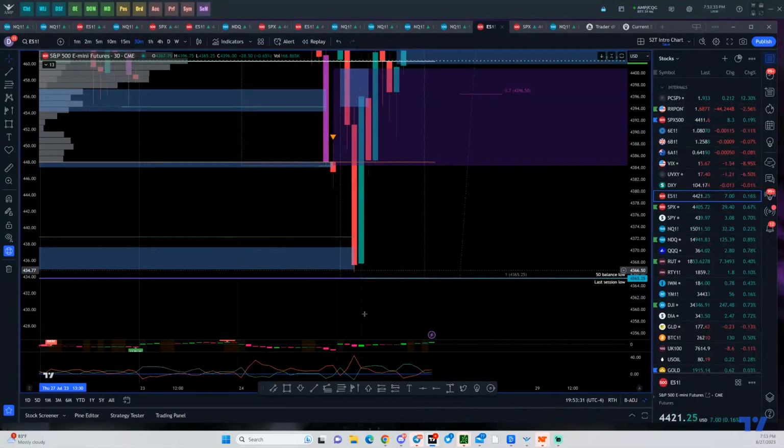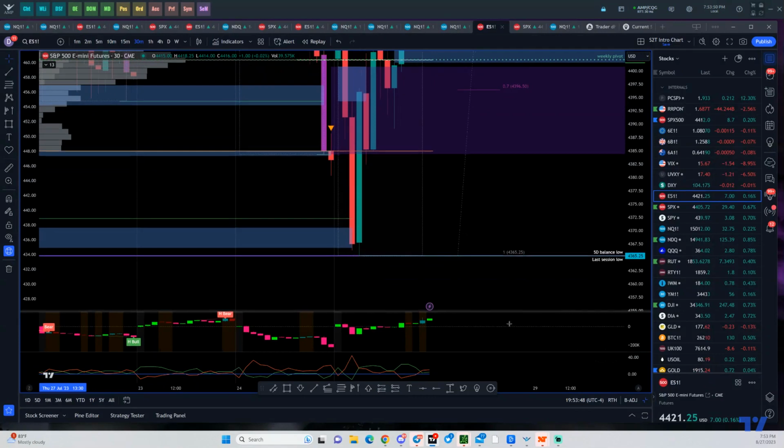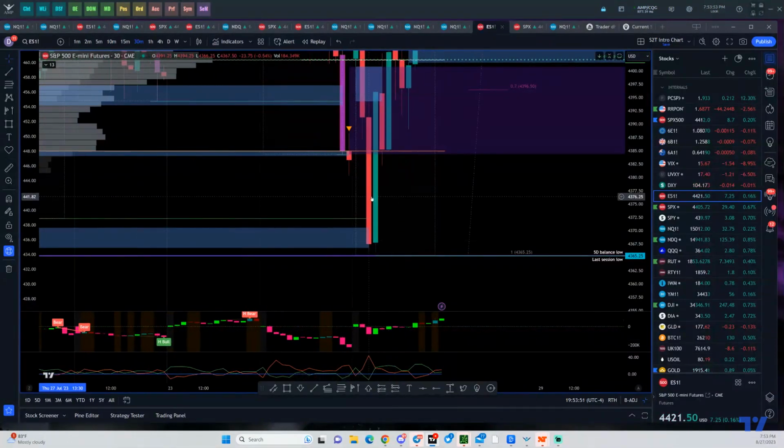And you can see the change over here in the buy sell pressure. This is 30-minute bars. And you can see after we got into this area here, we started shifting over, and the buy sell pressure indicator switched over here. You can also see how the delta came over here, and that's one reason why I know that we have some potential to move to the upside.